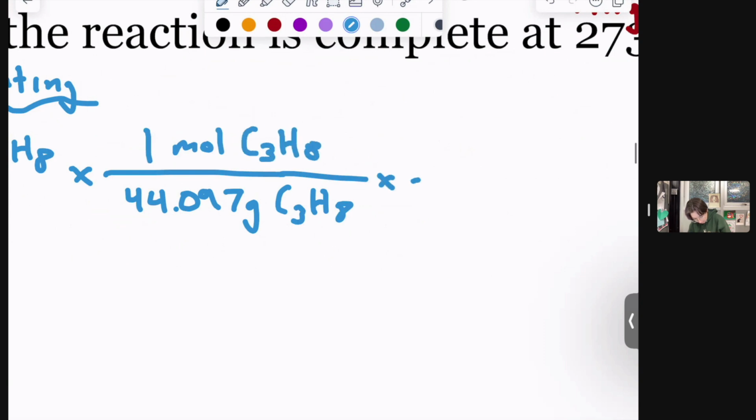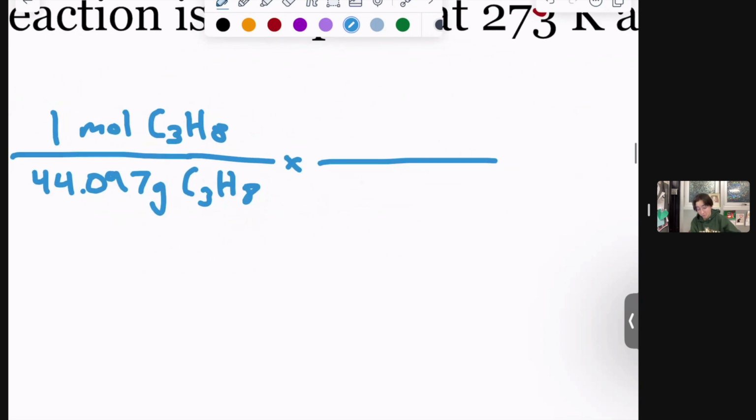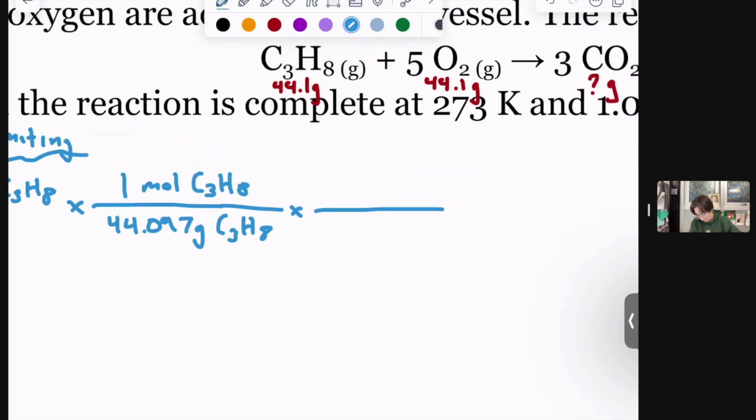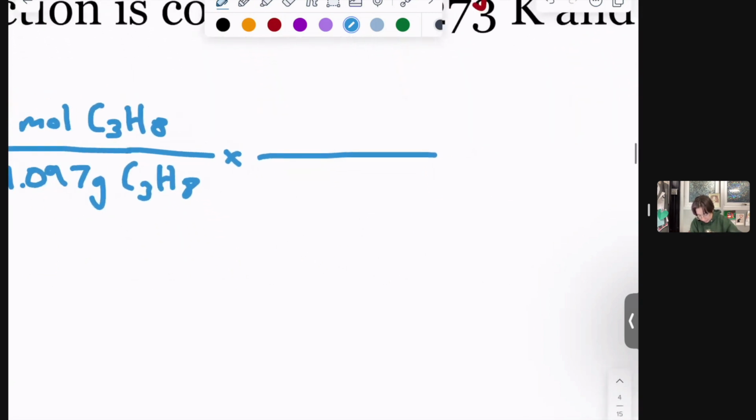And I know this gets tedious, it's a lot of writing, but I think it's important to really be clear about your units in your math, whether you're doing dimensional analysis or a different strategy, because we're doing moles of different things, we're doing grams of different things, it's so easy to mix them up if you're not being super clear to yourself of what unit you're working with.